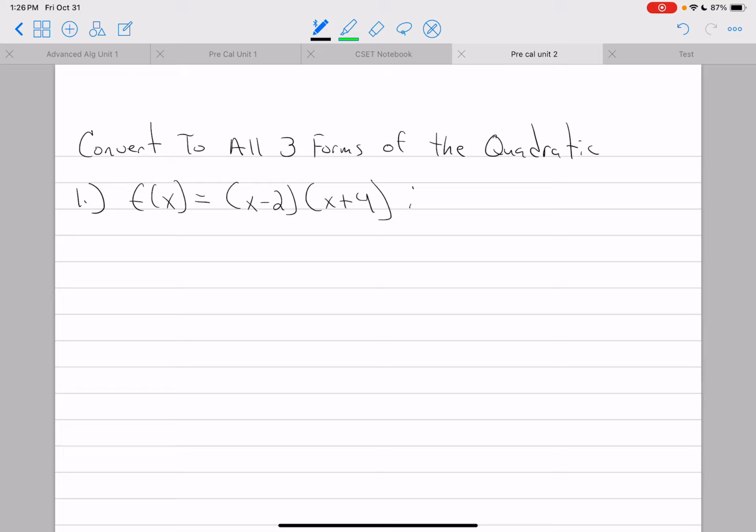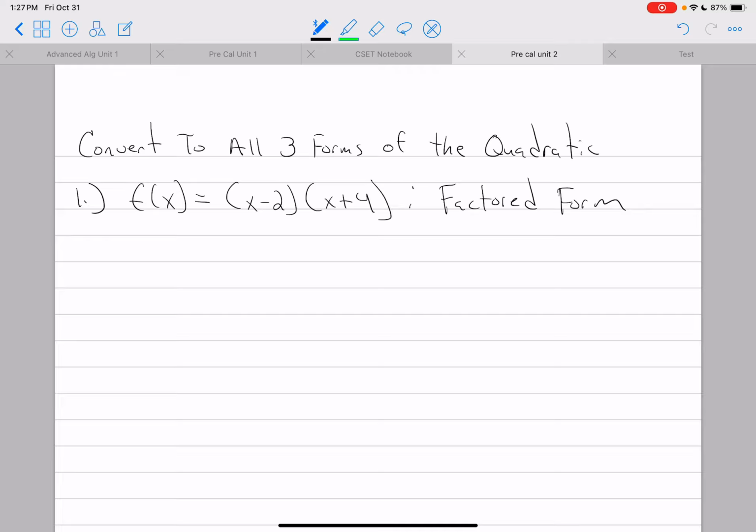All right, so you tried it, you worked really hard, and you tried to make it happen. Let's see how you did. So let's see. First of all, this is factored form. Nice thing about factored form is if I want to do standard form, I can just multiply it to figure out standard form.